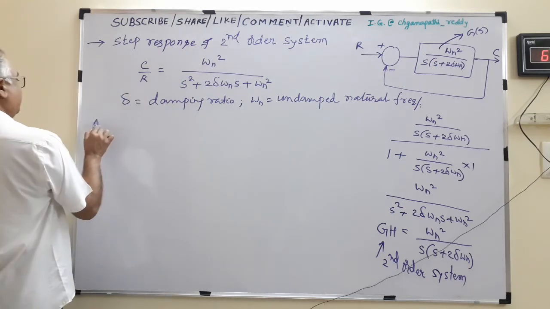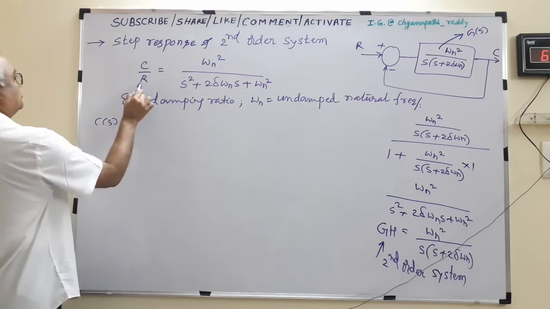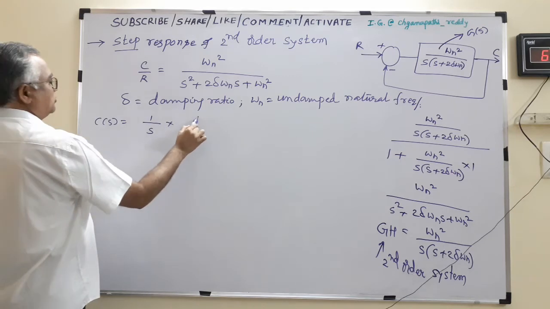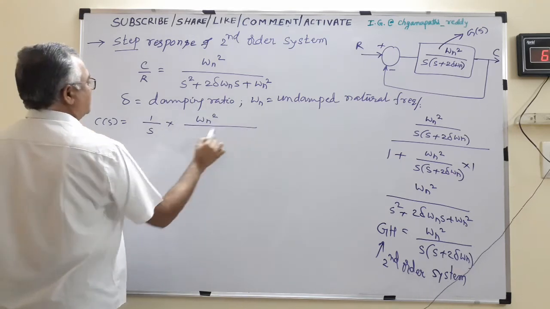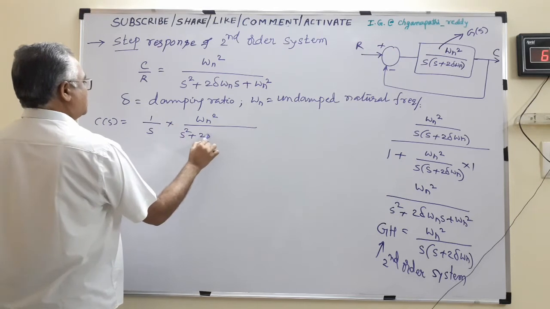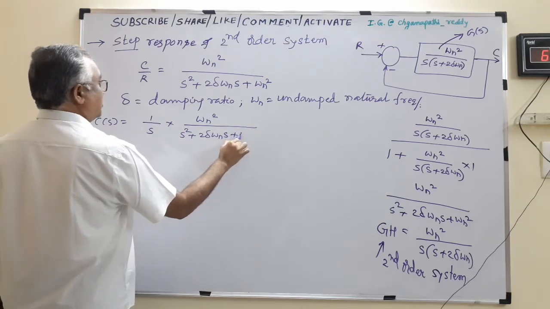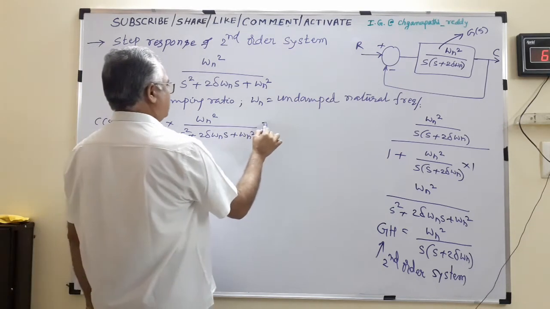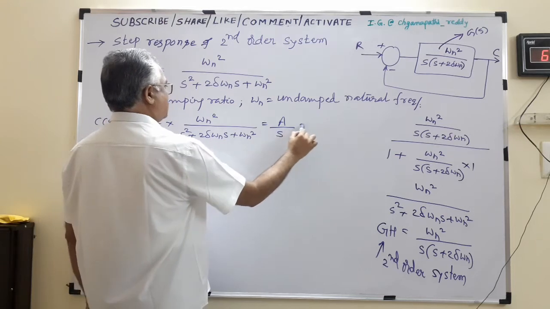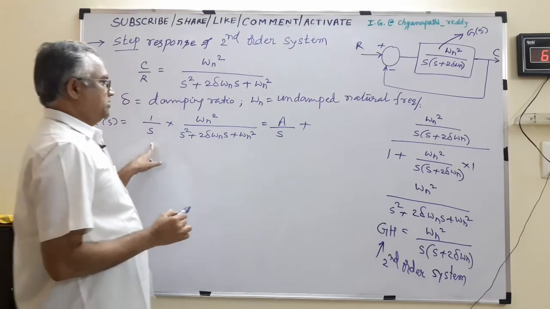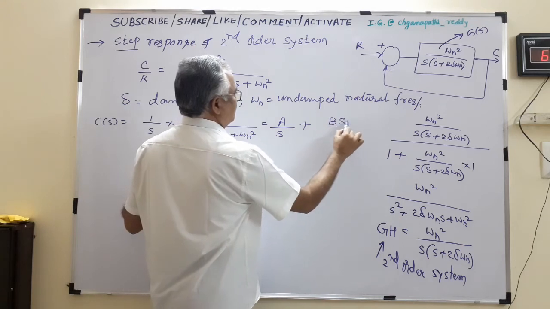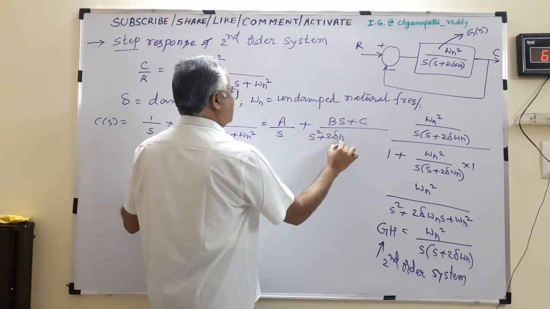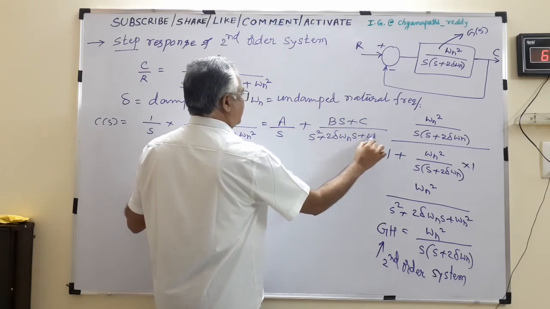Now we want C of s. So R of s, what is R of s here? Step, so 1 by s, into omega n square by s square plus 2 delta omega n s plus omega n square. This is equal to A by s plus Bs plus C by s square plus 2 delta omega n s plus omega n square.